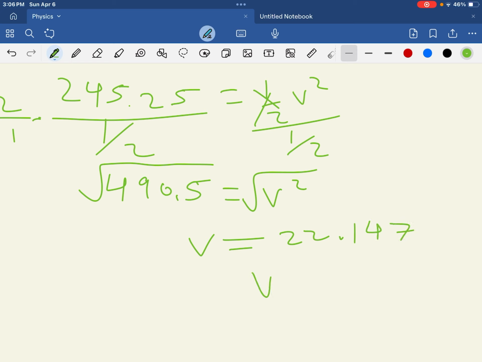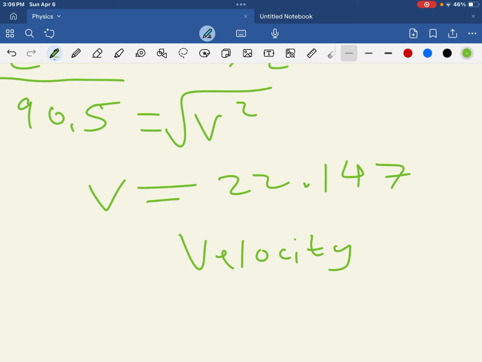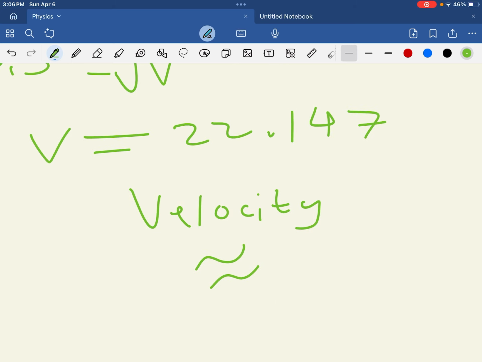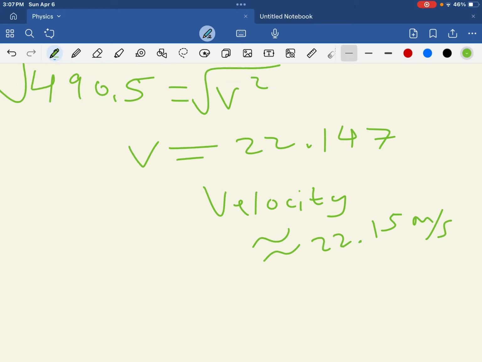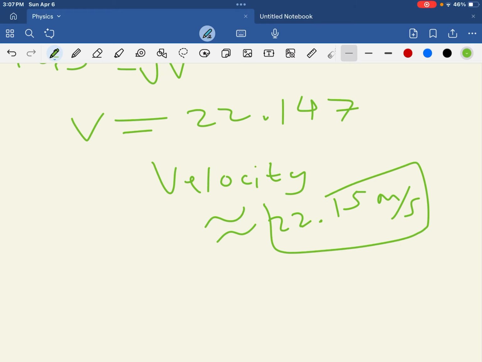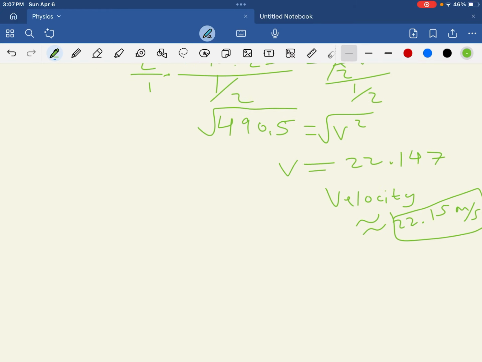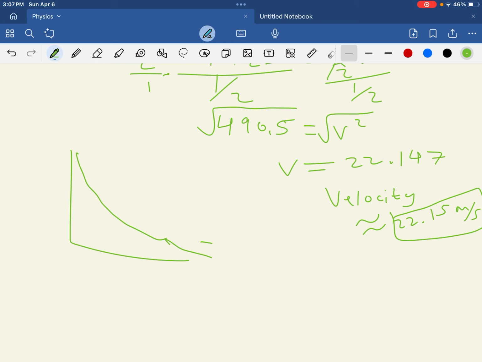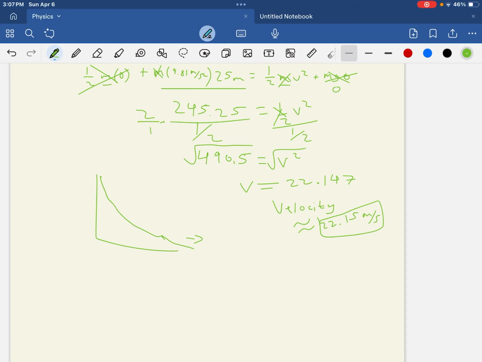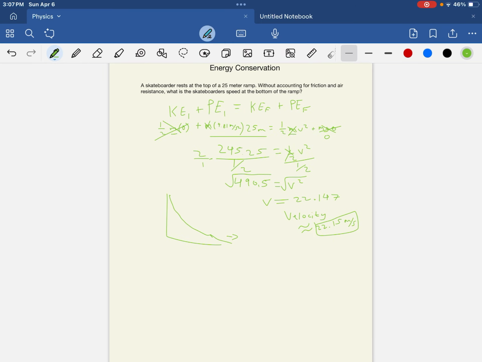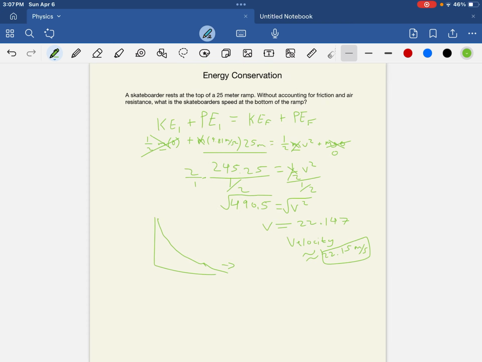So velocity is about 22.15 meters per second. And this is the velocity when the skater has already gone through the whole ramp. So this is the velocity that the skater gets down here. So yeah, that's a simple example of an energy conservation problem and how they work.